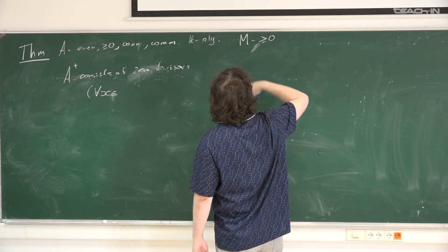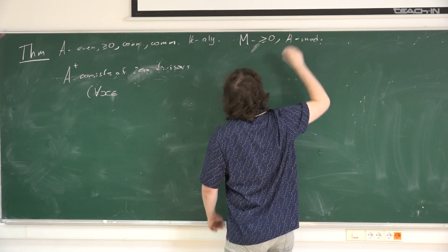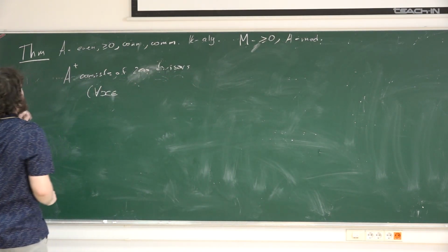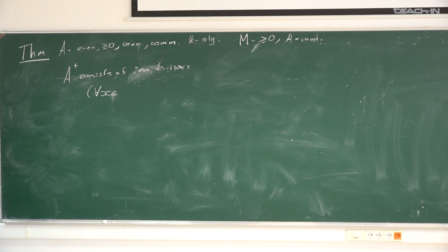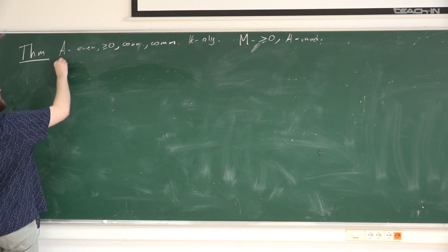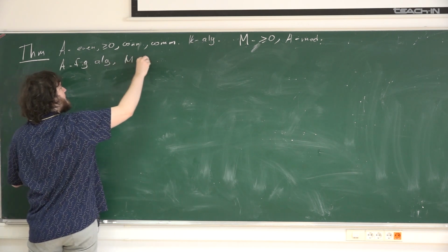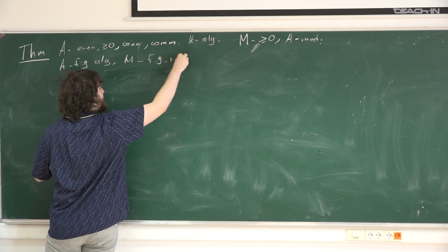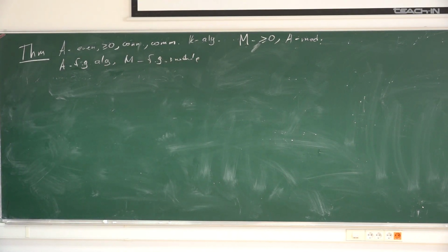A-module, and even more, a little bit more, I suppose that A is a finitely generated algebra and M is a finitely generated module. Then, anyway, a surprising statement holds.